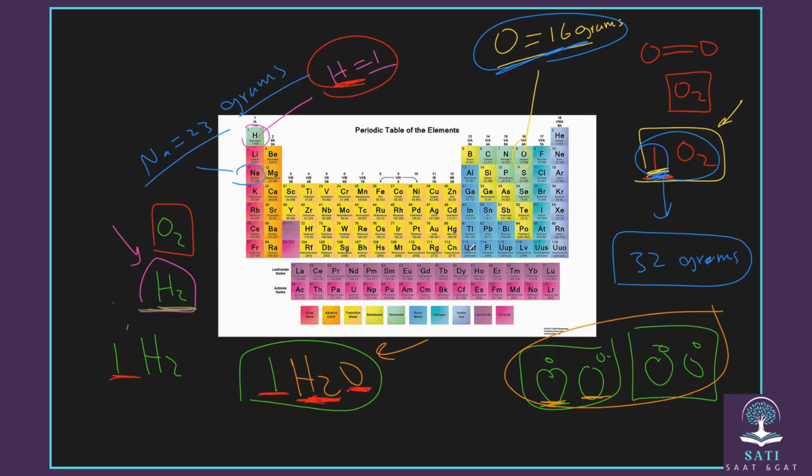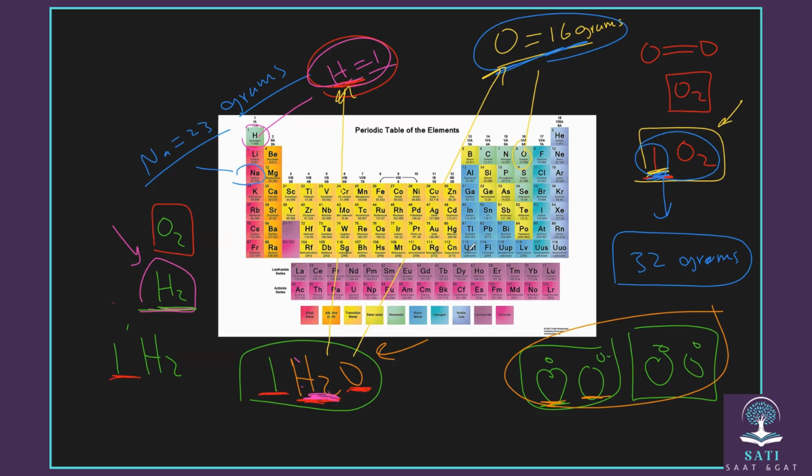Good. So if I tell you the molar mass of hydrogen, as you see here, is H equals 1, and the molar mass of oxygen is 16, what will be the molar mass of H2O? You multiply hydrogen by 2 because you have two atoms, so 2 times 1 is 2.